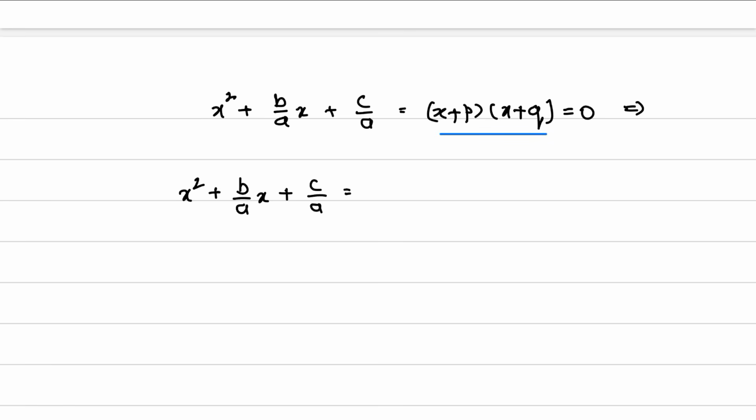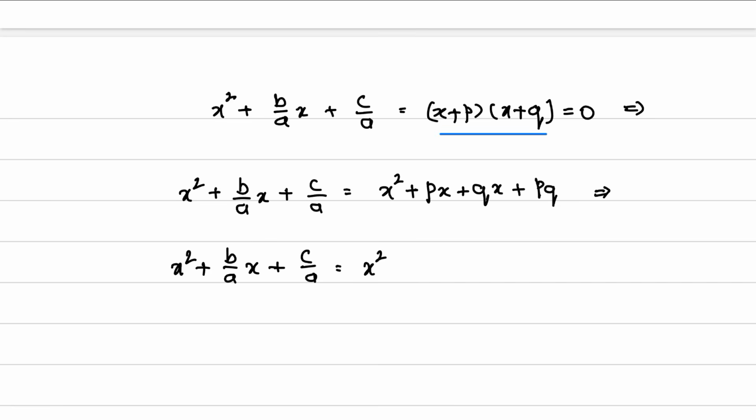How do you expand? x square plus px plus qx plus pq. That implies x square plus b by a into x plus c by a is equal to x square plus p plus q into x plus pq.